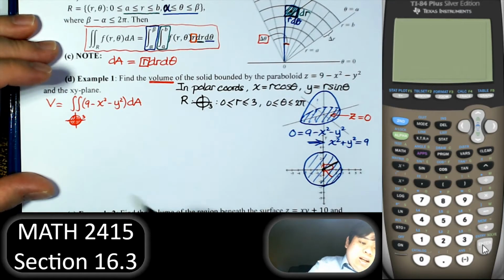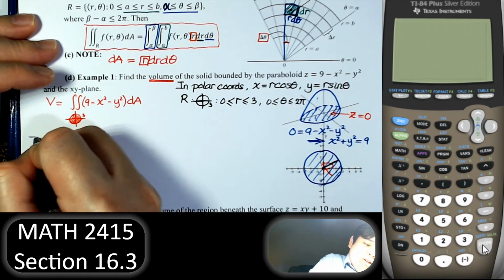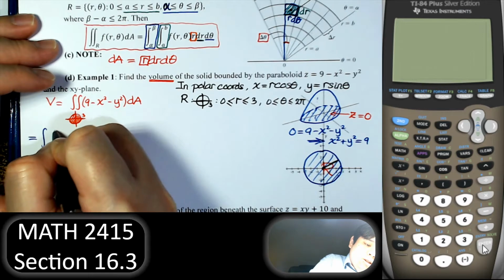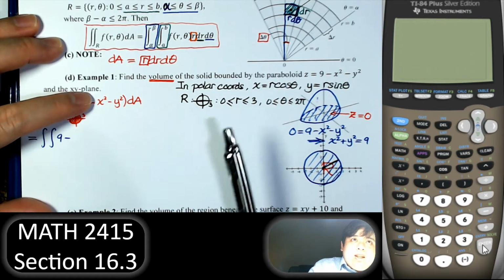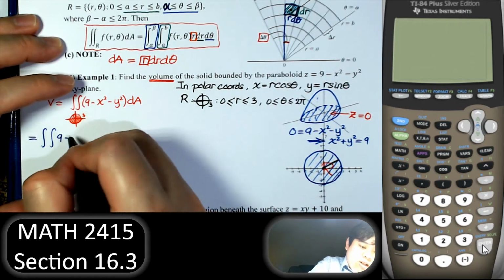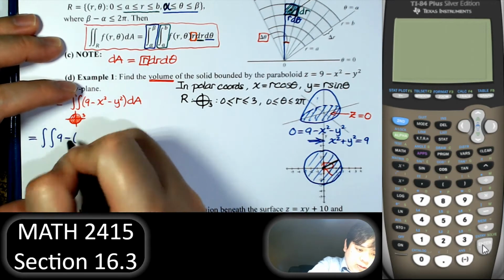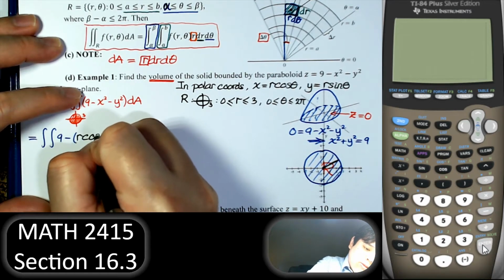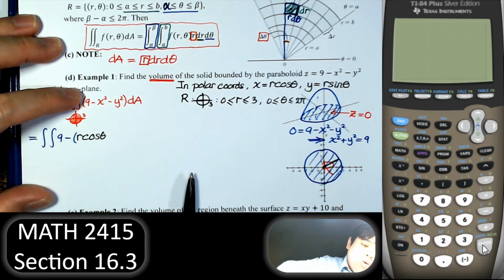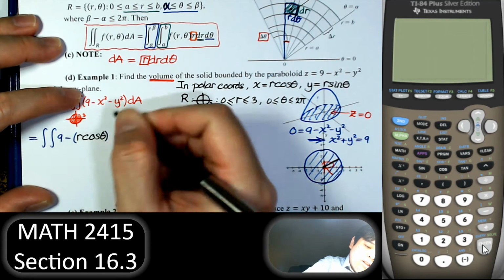Now write this in polar coordinates. We will have 9 minus x squared, where for x we use r cosine theta. So we need to write the function in terms of r and theta.